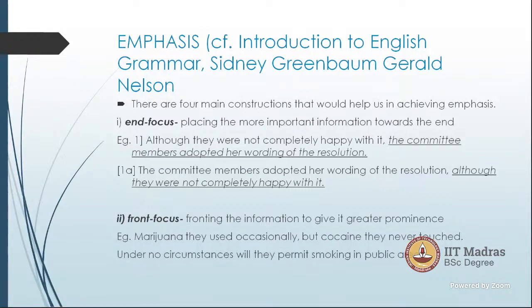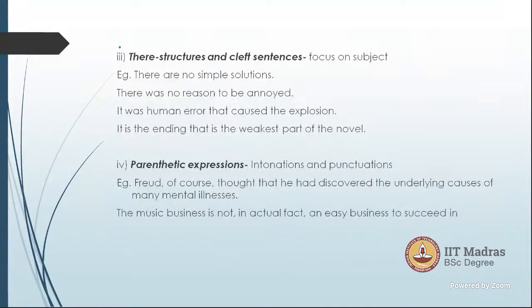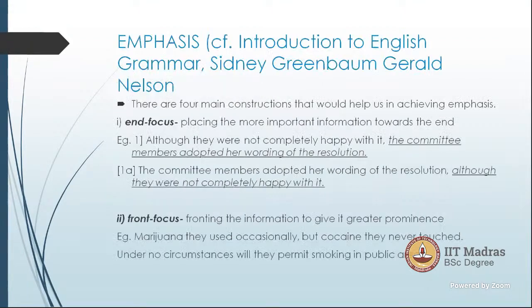The first one is referred to as the end focus. We'll look at what each of them are in a moment, but just to begin with, four of them. The first one is called end focus. The second is front focus. The third one is there structures and cleft sentences. And the fourth one is, of course, parenthetic expressions. So we'll look at all four of them one by one and understand what we mean by it.